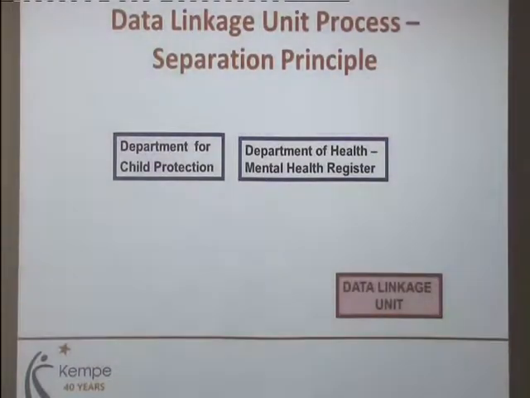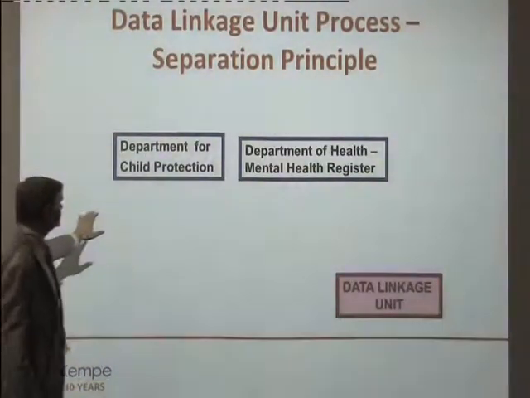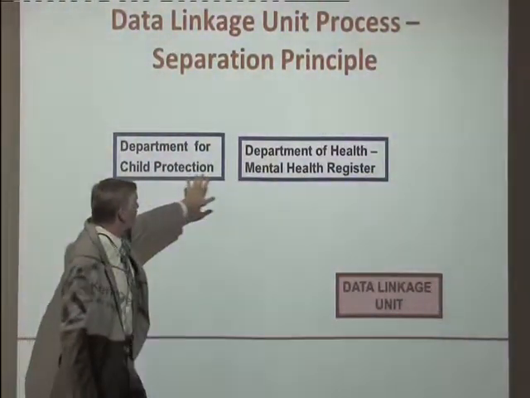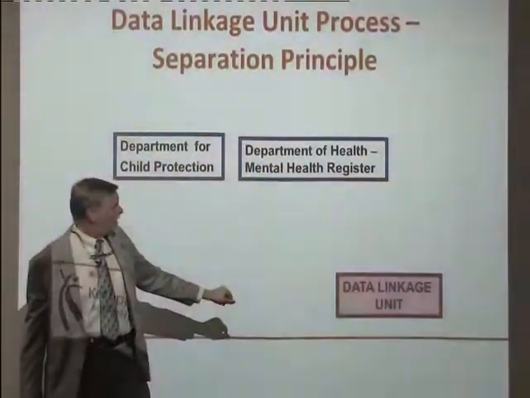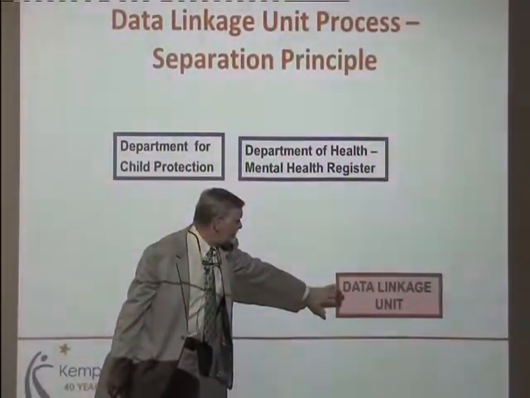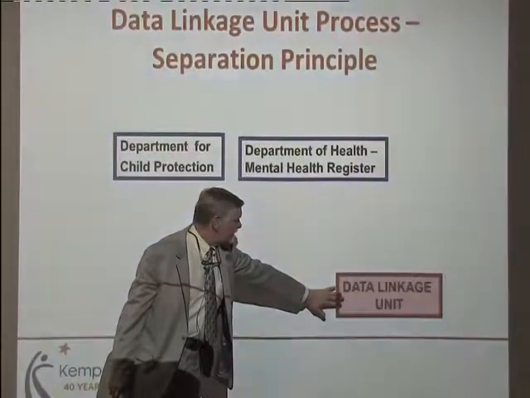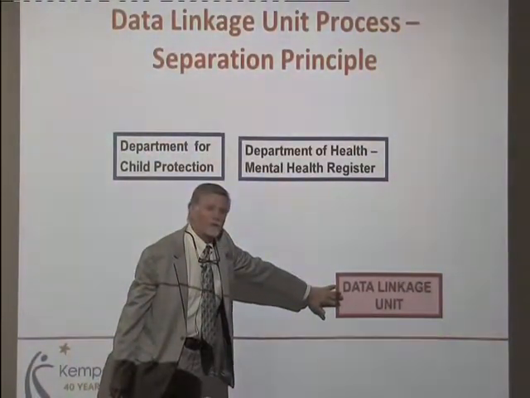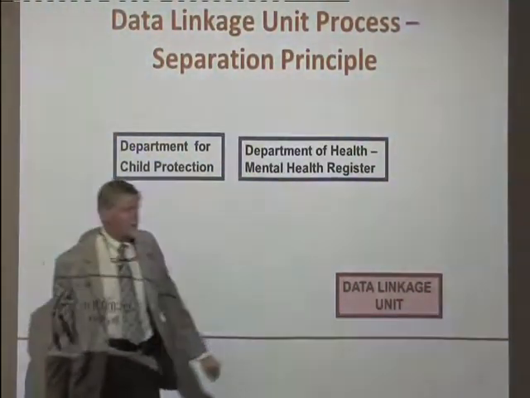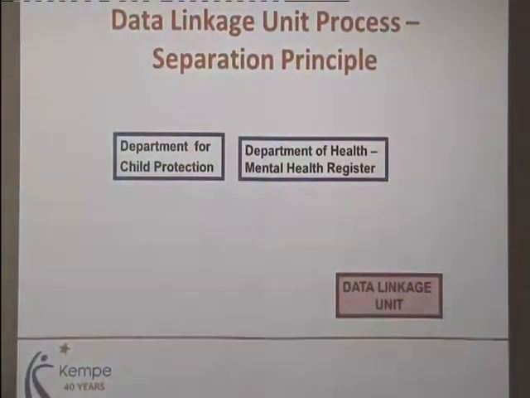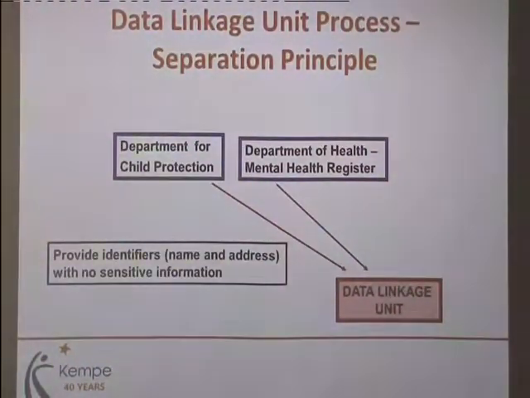So say you have two agencies, two service delivery systems, child protection and mental health. Western Australia maintains a specialized governmental unit called the Data Linkage Unit. So what happens is that these two agencies provide the identifiers that can be used for linkage.